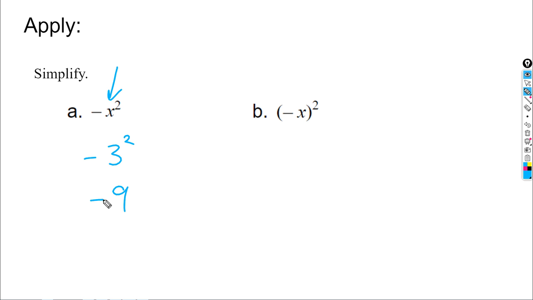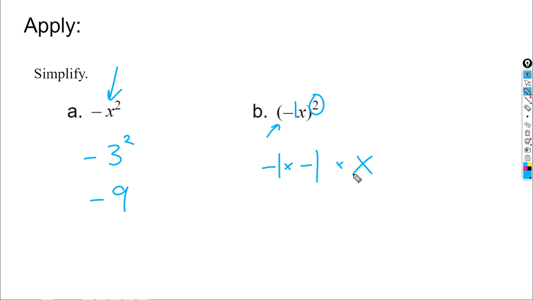Part B, on the other hand, is saying the negative is also being squared because of these parentheses that we have here. And so we have a negative times another negative because it's being squared. Let's call it a negative 1 because there's technically a coefficient of 1 there. So you'd have a negative 1 times a negative 1, two of them because we're squaring, and then we'd have that times this x times another x.